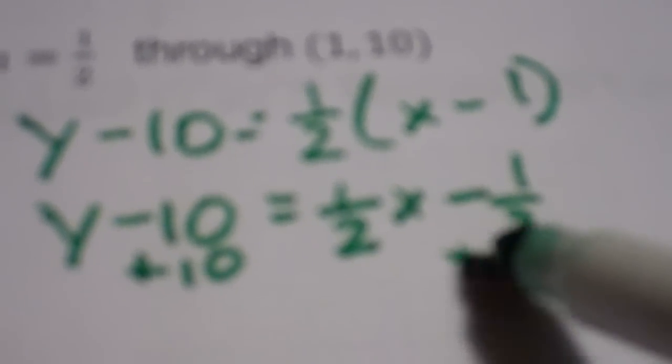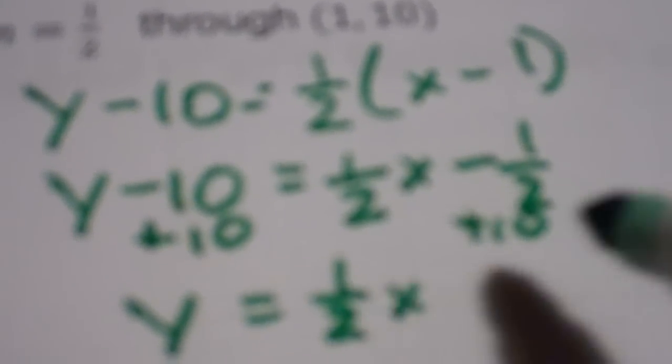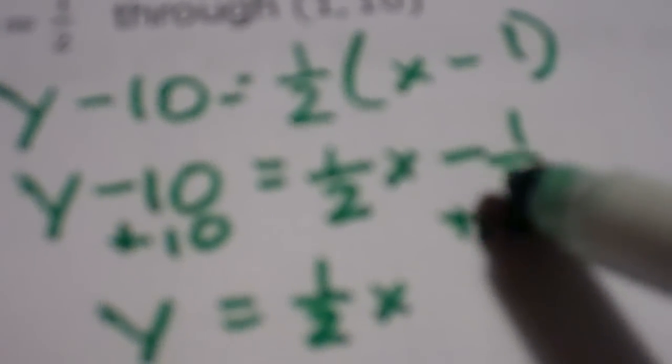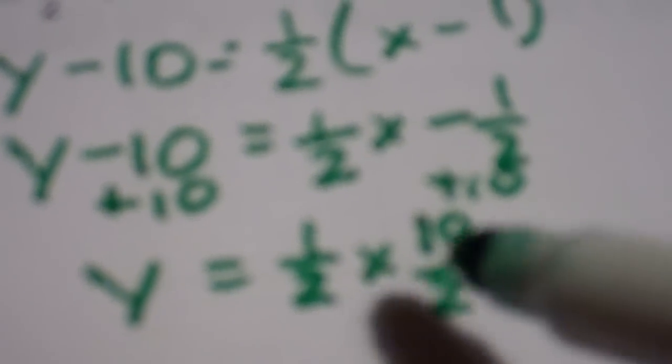Let's add the 10. y equals 1/2 x, 10 minus a half, $10 minus 50 cents is $9.50. I'm going to call that 19 over 2. Sorry, I forgot the minus.